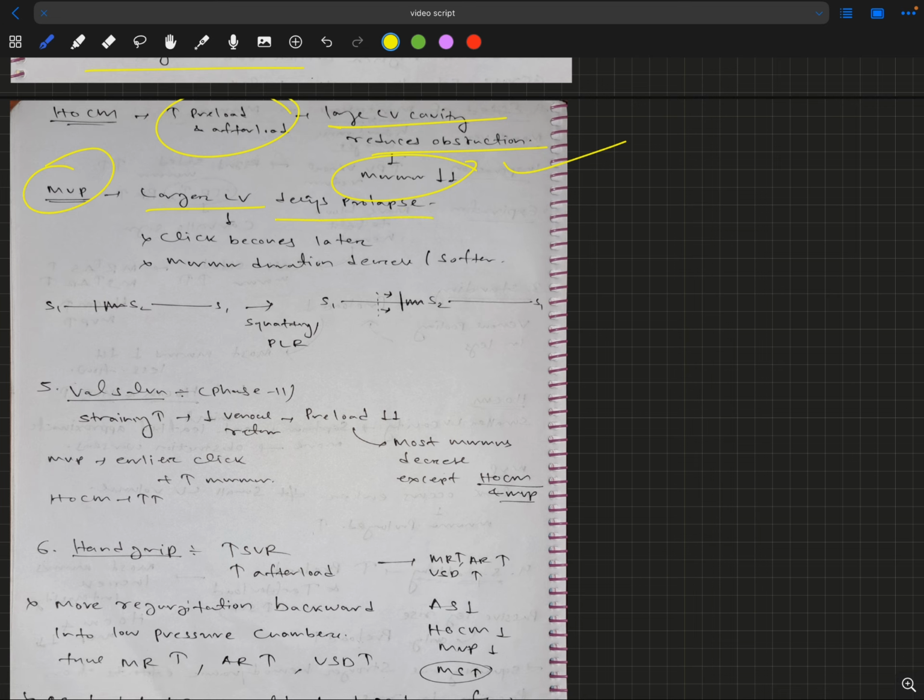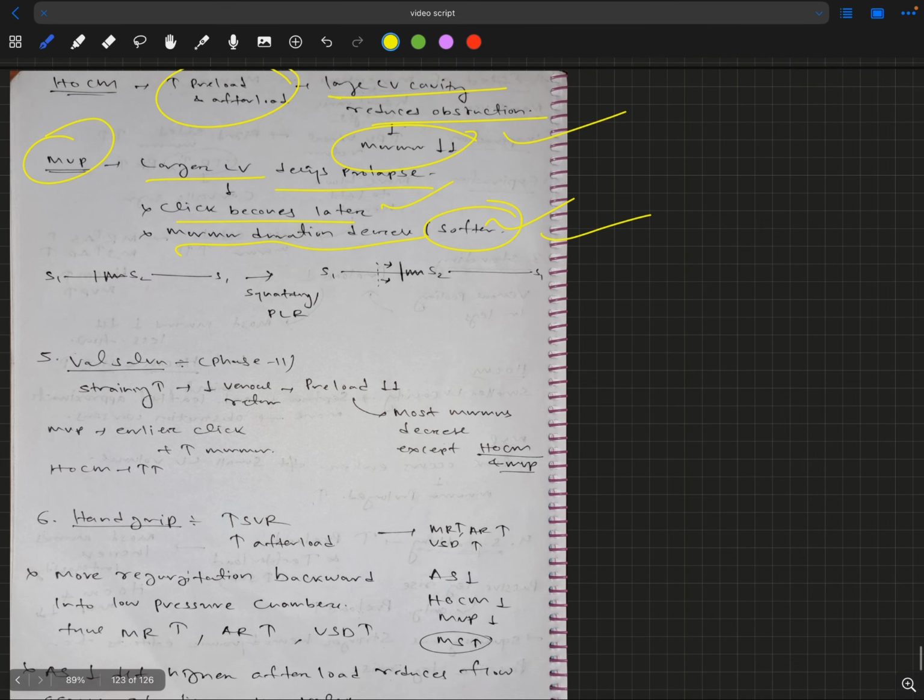The non-ejection click moves far away from S1, the click becomes later, and the murmur duration decreases or it becomes softer. So on squatting or passive leg raise, there is an increase in preload which moves the mid-systolic click or non-ejection click away from the S1.